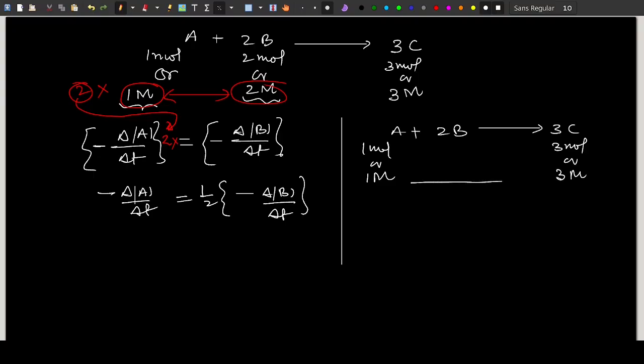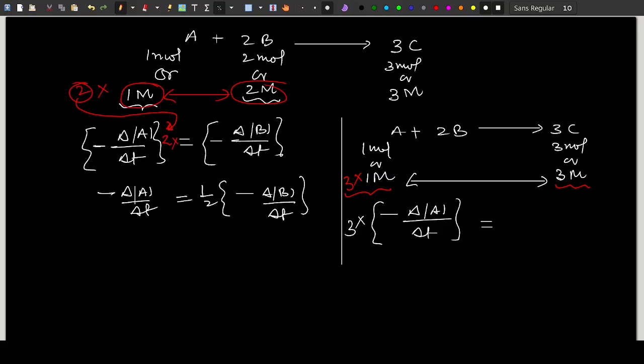Now friends, if you want to equate these, you have to multiply it by 3. Listen. So in terms of rate, you can say minus delta A upon delta T, and multiply it here by 3.